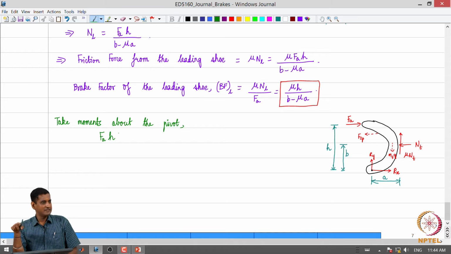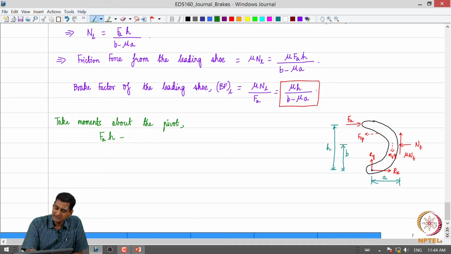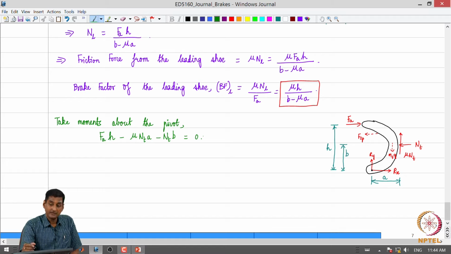Let us put FAH as a clockwise torque, which is positive, then we get minus mu NT times A minus NT times B equals 0. Now, we can immediately observe that the torque due to the friction force is no longer augmenting the torque due to the actuation force.